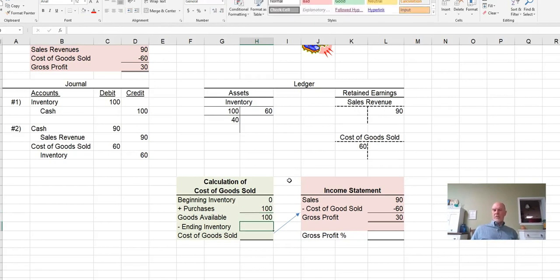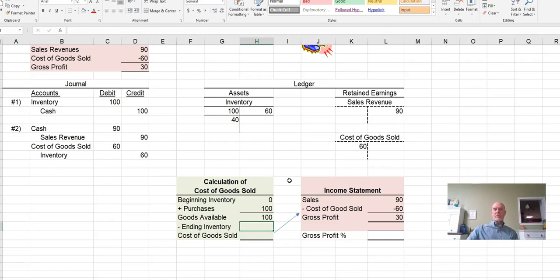So together, we had a total cost of goods available for sale to customers of $100. What you started with plus what you purchased. When all is said and done, that total goods available is either going to still be here or somewhere else. In other words, if it's not here, that means it's gone out the door.